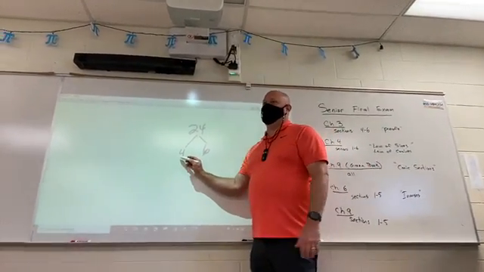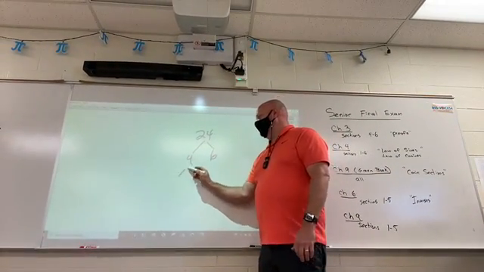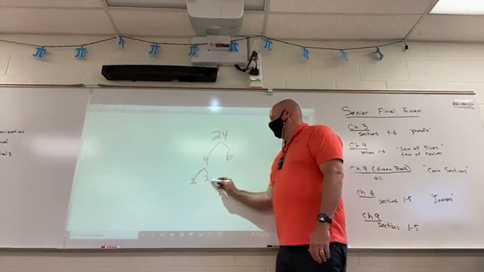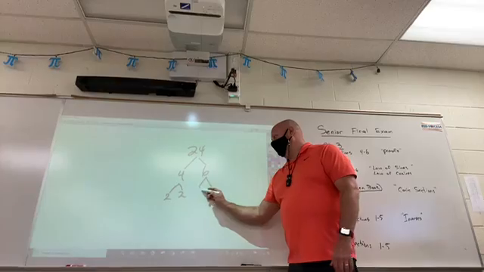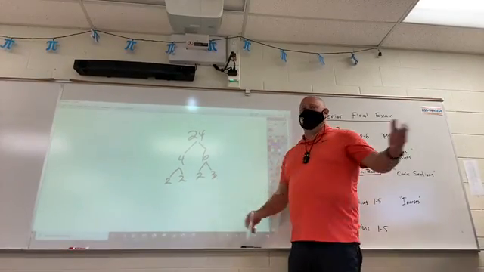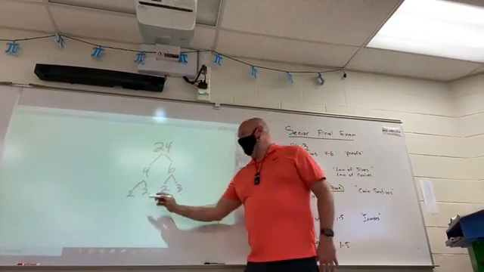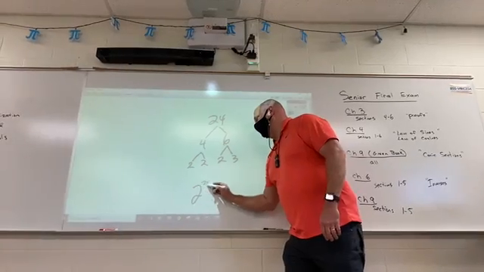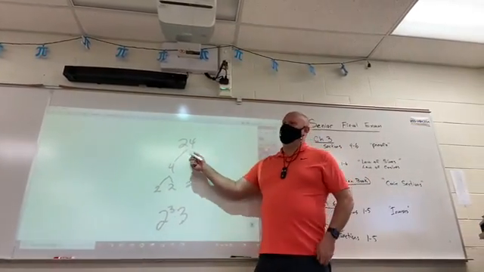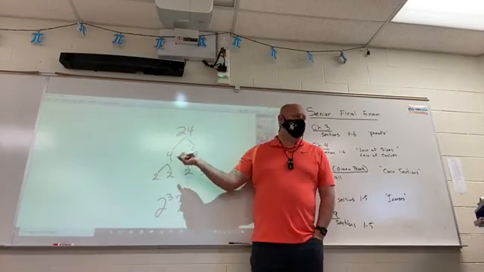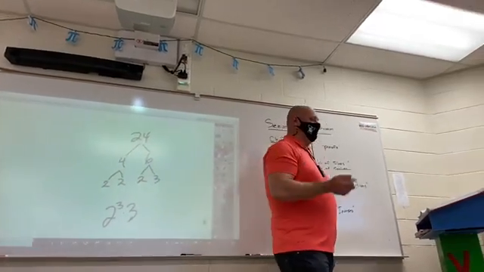Can we break down this 4 into 2 and 2? The 6 can also be broken down into 2 and 3. What do we end up with? We end up with 3 2's and a 3. We end up with the same thing. We don't even have to find prime numbers to multiply together.